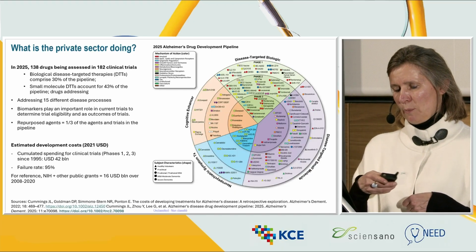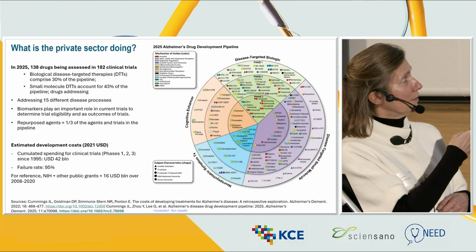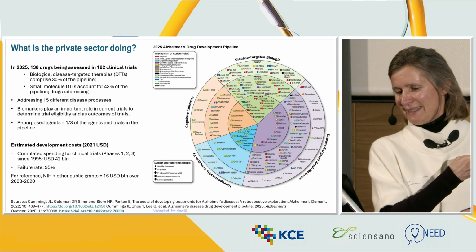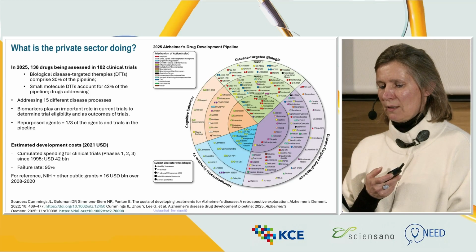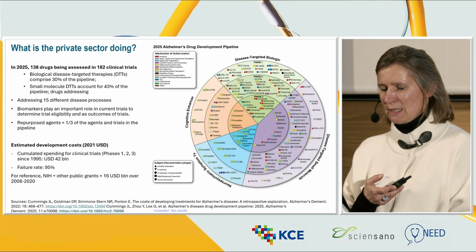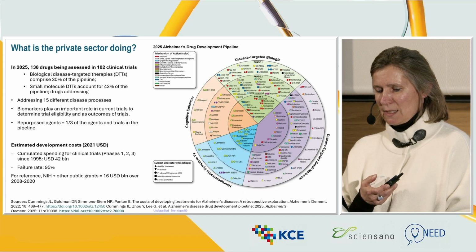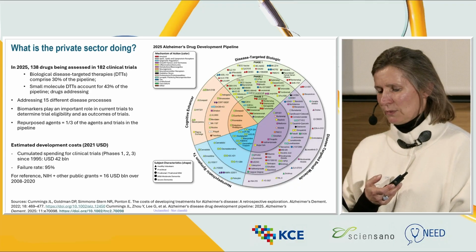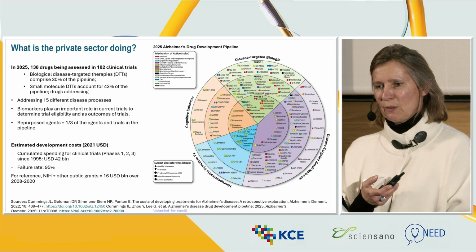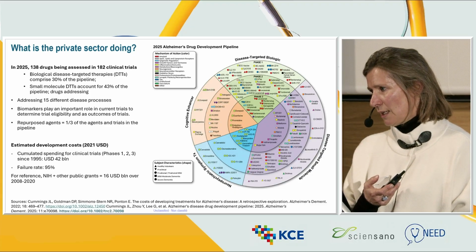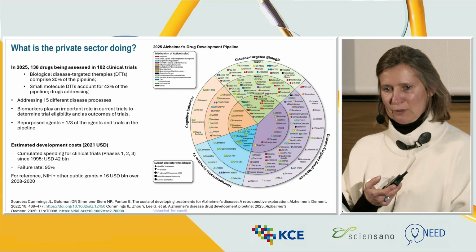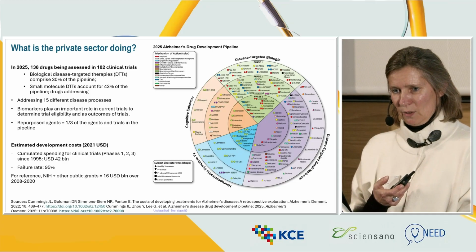Let me start with the past, which is on the left side of this slide. In the past, I found some academic papers explaining that since 1995, industry has spent 42 billion on Alzheimer's disease. The failure rate has been 50%, which is big.